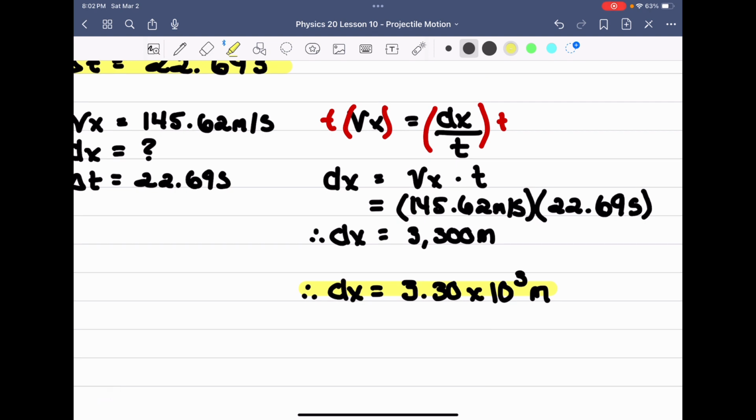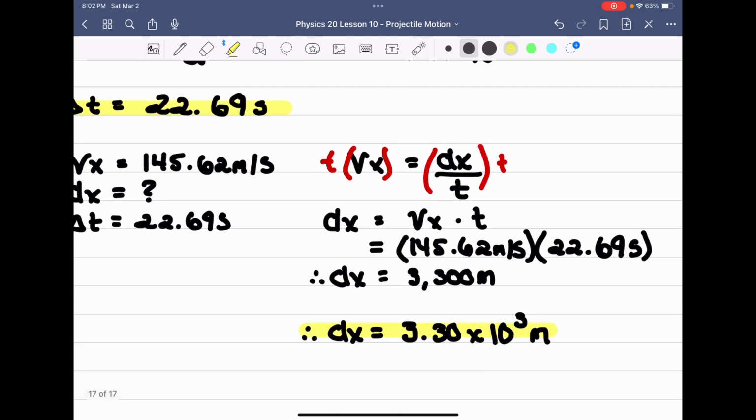If it's being shot that quickly and vertically, it's going to spend not only a lot of time in the air, which 22.69 seconds is a lot of time in the air, but it's also going to travel a very far distance in terms of the dx, especially with an angle of 36, because that's not like it's 90 degrees, for example, straight up and down. It's something that is kind of between 90 degrees and 0 degrees, and roughly it's almost in the middle of that. So it will travel a decent amount in the x direction or decent amount in the horizontal direction.